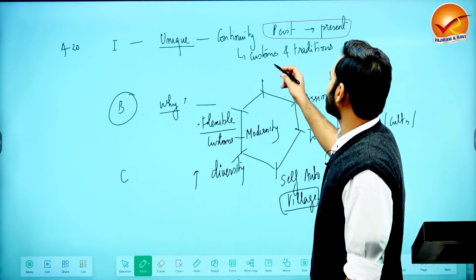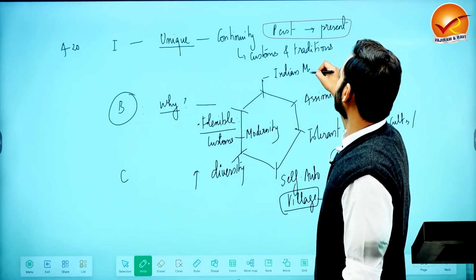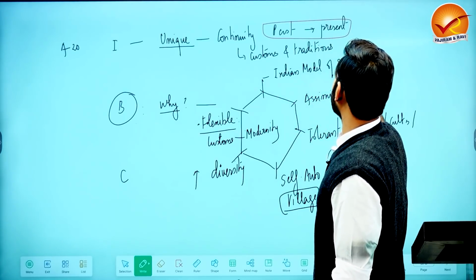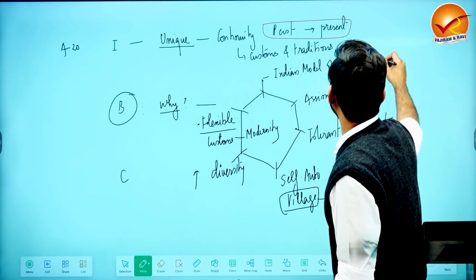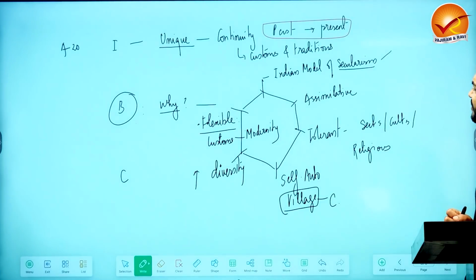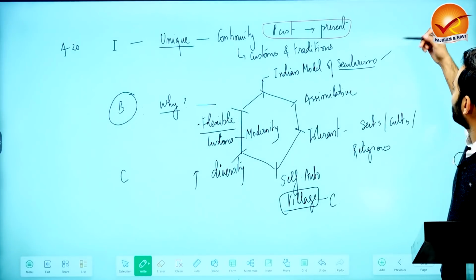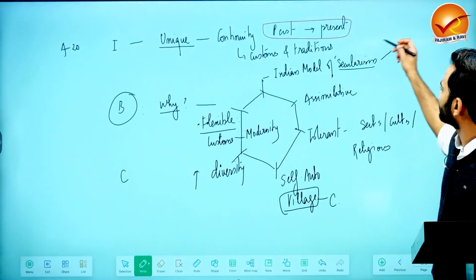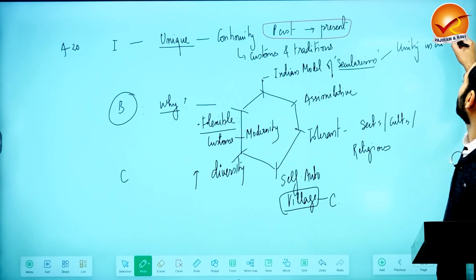And the last, the most important, is the Indian model of secularism, which talks about unity in diversity.